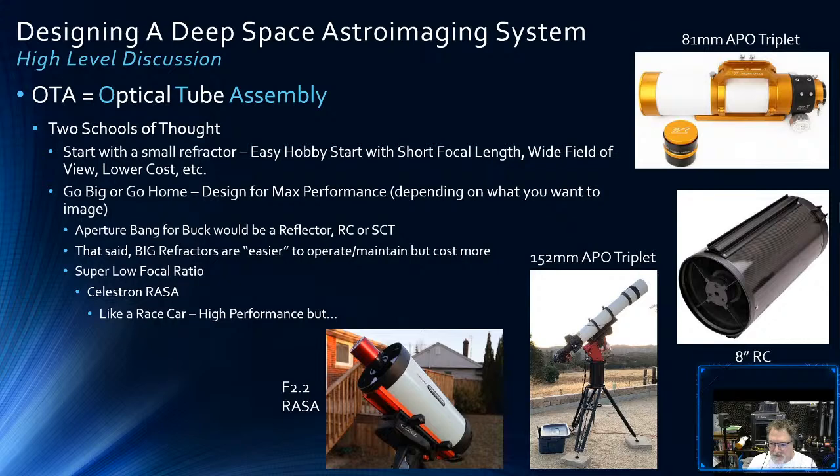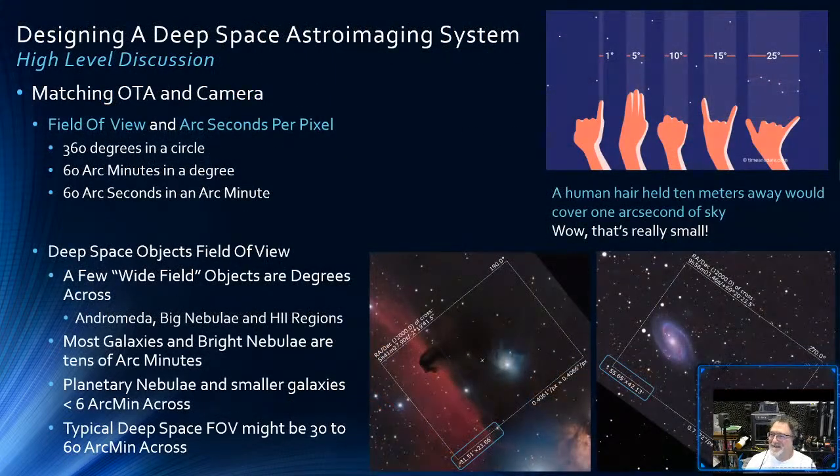It is a good, if you're going to do one shot color, an awesome scope. And they come in 8 and 11 inches, but if you're going to do narrowband, then you're going to be manually changing filters and there's some more stuff. But if you want to get the maximum amount of data in the shortest amount of time, there is that option these days, right, Bruce? Bruce has an 11-inch RASA too. Yes, that's correct.